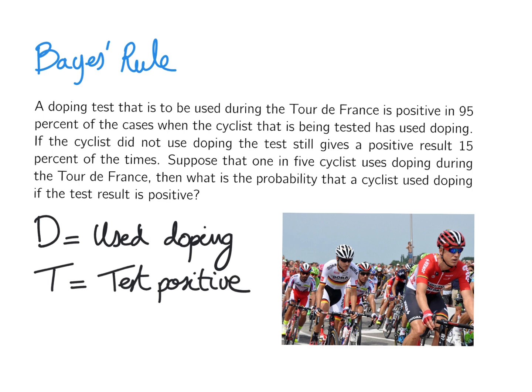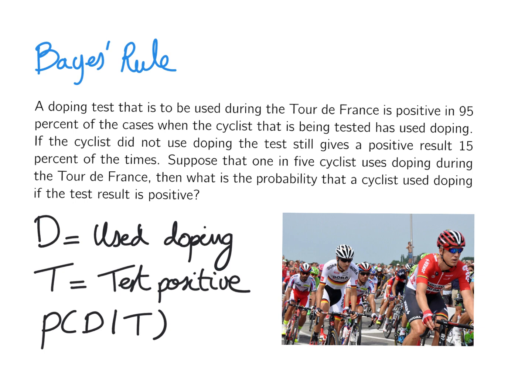Okay, so what is it we're looking for here? Well, we want to know the probability that a cyclist used doping given that the test is positive. And so we're computing a conditional probability. And, well, we can use Bayes' rule in this case.